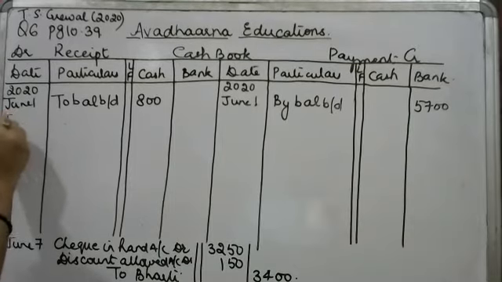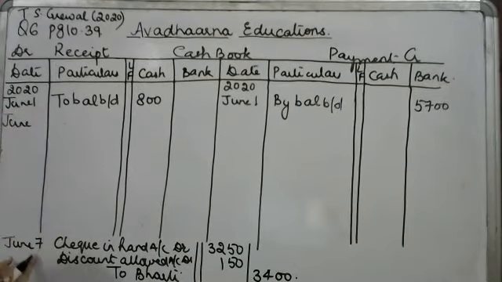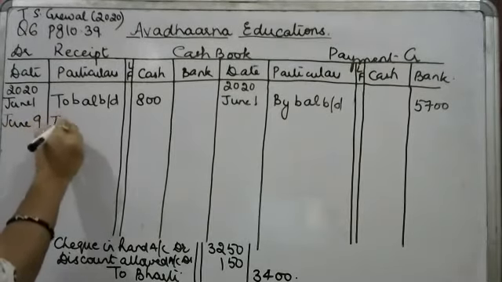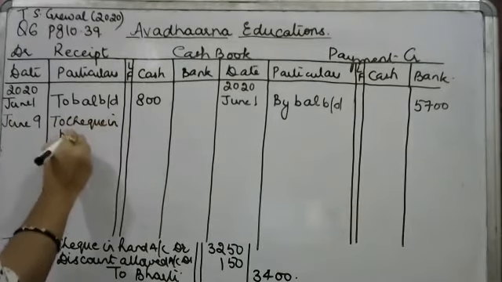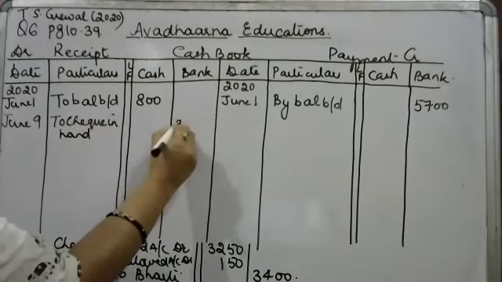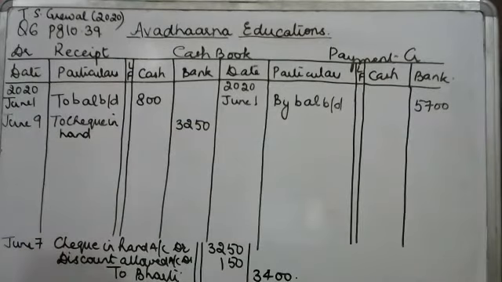So we'll record this entry, June 7, check deposited in the bank on June 9. So we'll write to check in hand, and we'll deposit this check of rupees 3,250 into the bank.